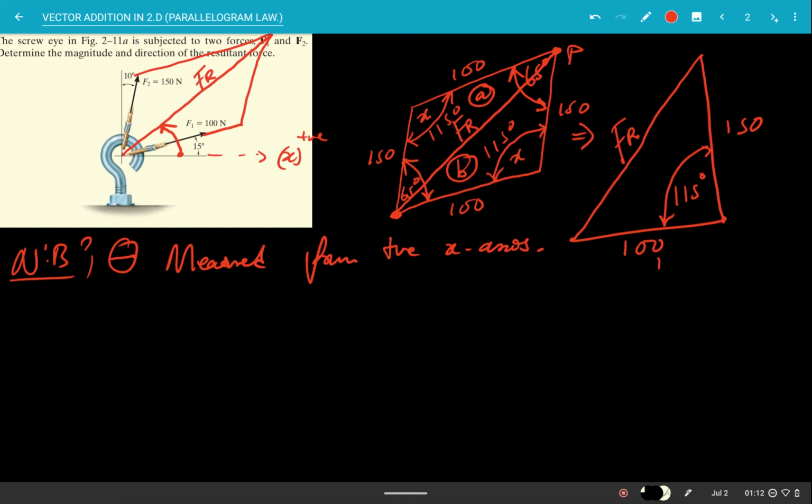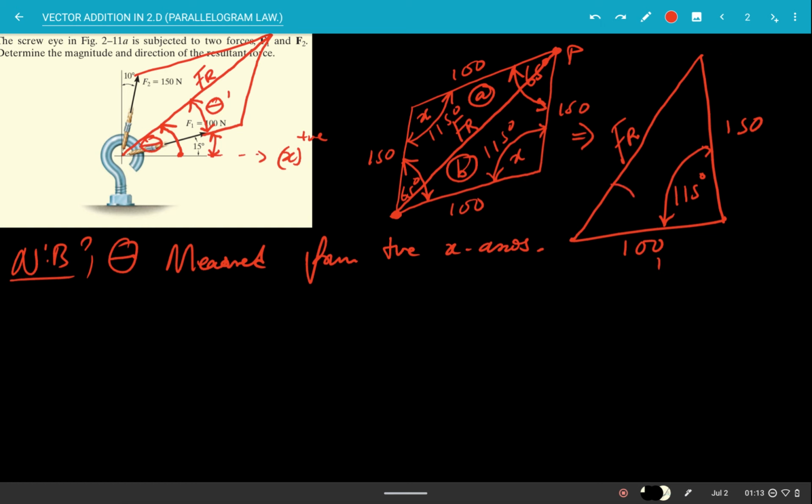Alright, so we want this guy here, theta. We know that we've been given the angle here, which is what? 15. But theta is a combination of 15 plus the angle here inside the triangle. And this angle, we can call it theta prime. So from the diagram we drew here, we can label theta prime.